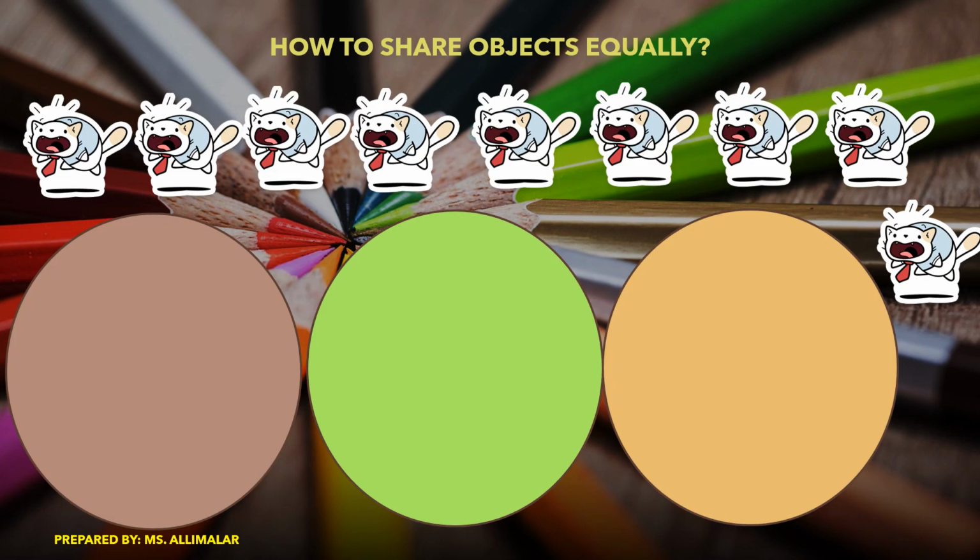Now let's go to another example. This is myself. I have 2 friends here. This is Miss Casey and Miss Catherine. So we are 3 people here. Now, how do we share objects equally? Count how many images you have here. 1, 2, 3, 4, 5, 6, 7, 8, 9. 9 images.